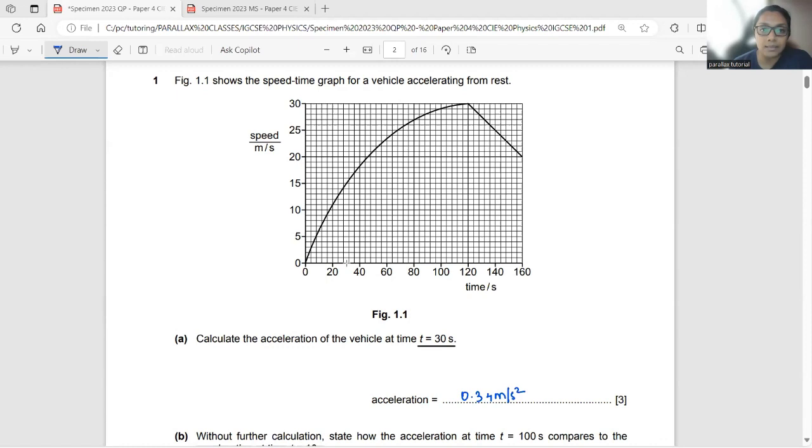So at 30 seconds, what you are supposed to do is draw a line and mark the point and then draw a tangent to this curve. So draw a tangent to the curve and then find the slope or gradient of this tangent.